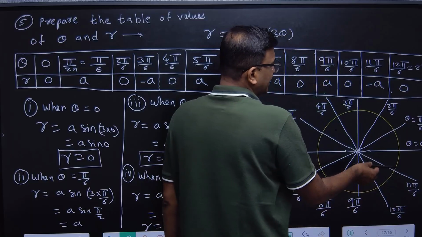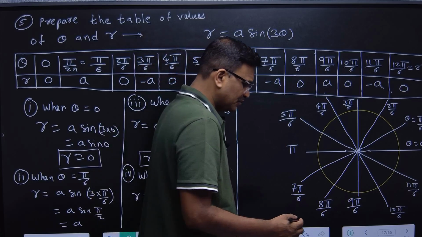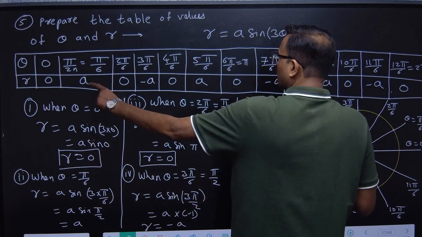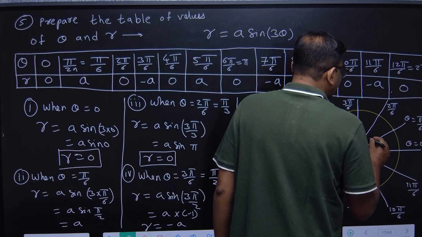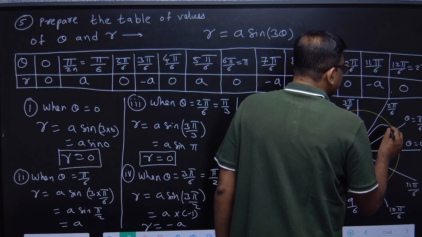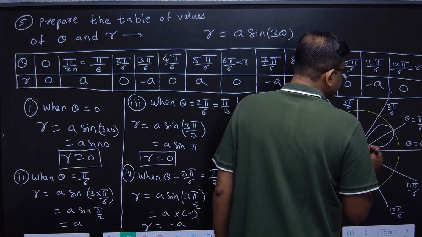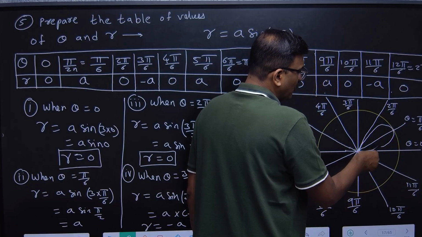Also we have seen that theta is 0 and theta is 2 pi by 6, they are tangents at the pole. So see, we draw the first loop about this line theta is pi by 6 where r was plus a, in such a way that the adjacent lines, theta is 0 and theta is 2 pi by 6, these two adjacent sides are tangent to the curve at the pole.